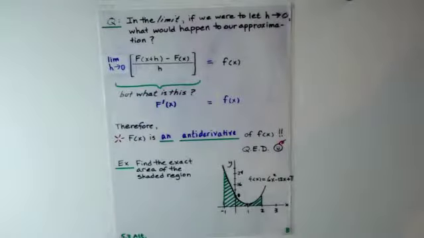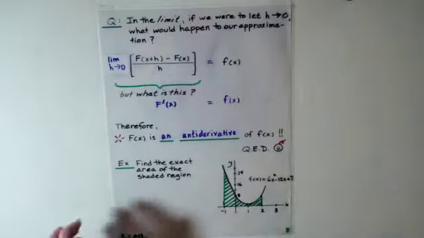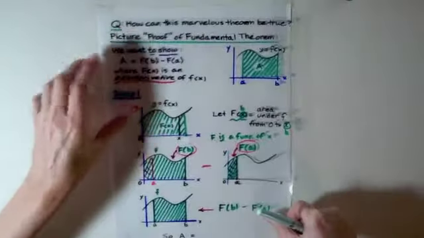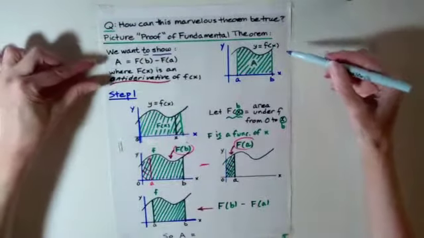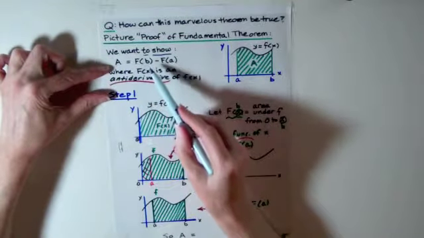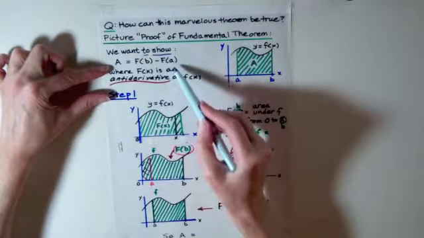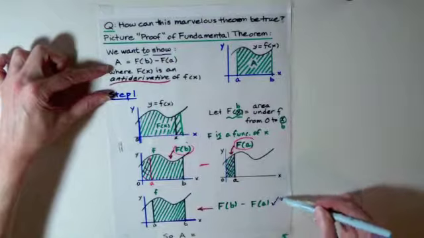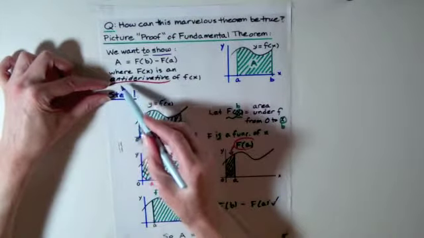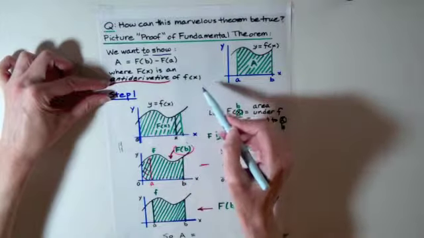And let's just go back and review what we were trying to show, just to summarize the two steps that we have done here. If you remember, when we started this picture proof, I said what we wanted to show was that the area was capital F of B minus capital F of A. That's what we did in step 1, where capital F of x is an antiderivative of little f of x.